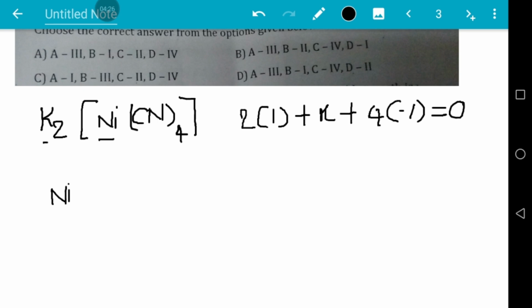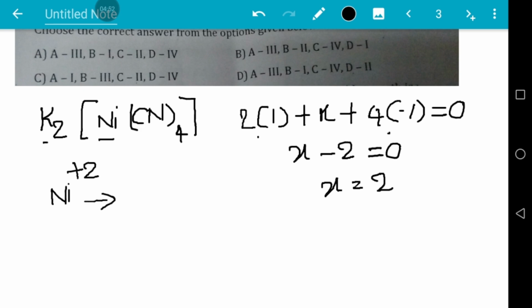Then x plus 2 minus 4 equals 0, so x minus 2 equals 0, then x equals 2. So nickel oxidation state is +2.